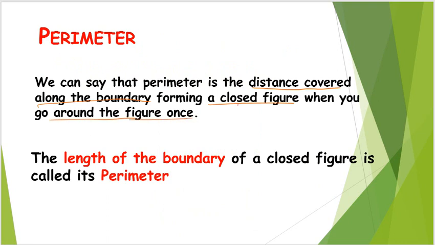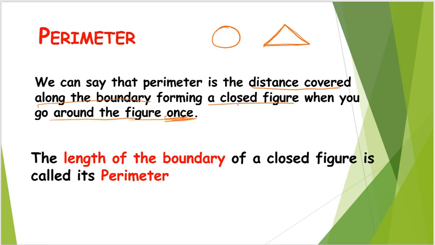If we consider a circle, the distance covered by this path is the perimeter of this figure. If you construct a triangle, the distance traveled around this triangle gives me my perimeter. Here also we need to consider it once.